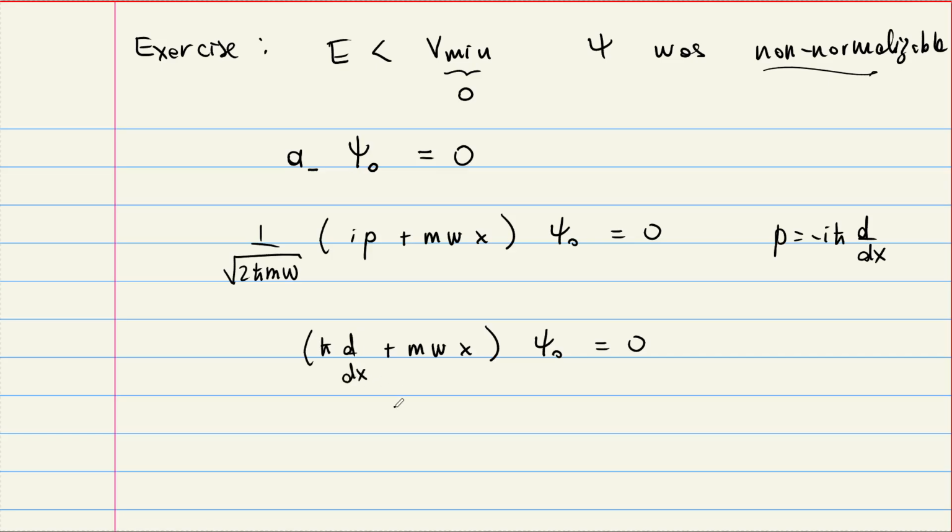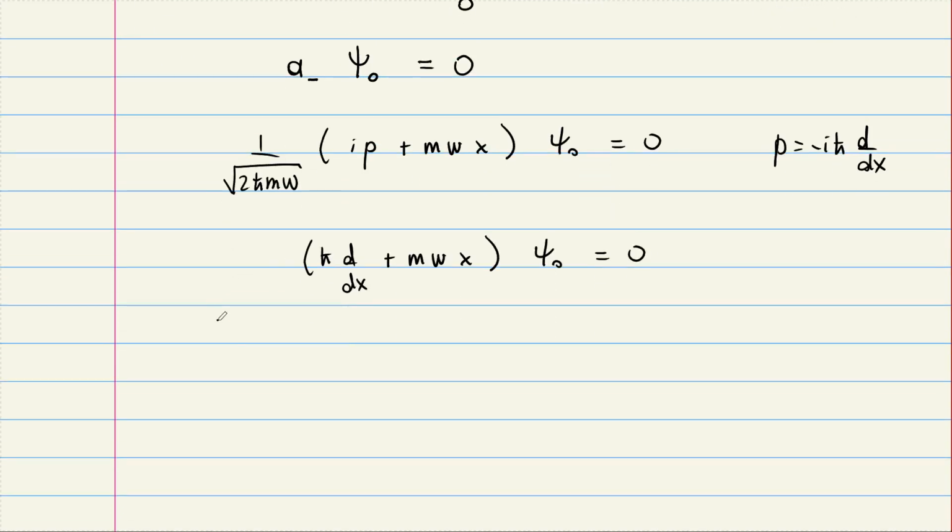I didn't mess up anything. And I will take this: h bar d/dx psi 0 is equal to minus m omega x psi 0. Let me also write h bar here, and this h bar is gone. And that's the same equation, right?